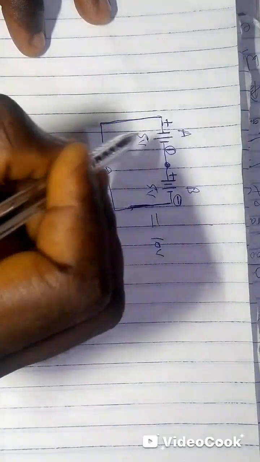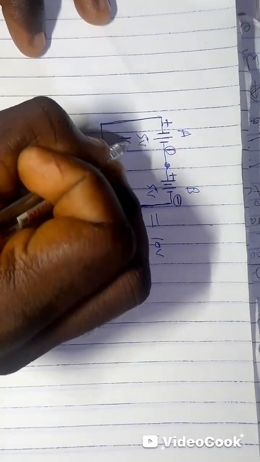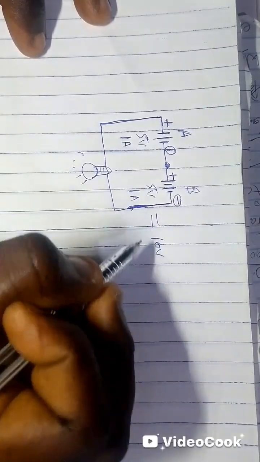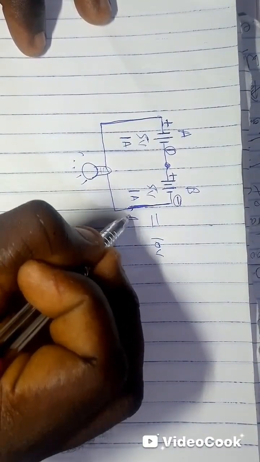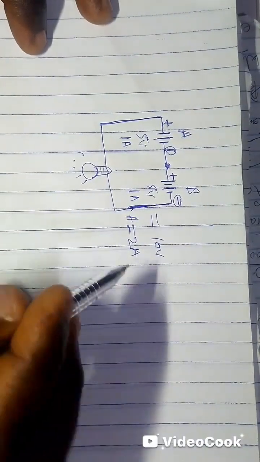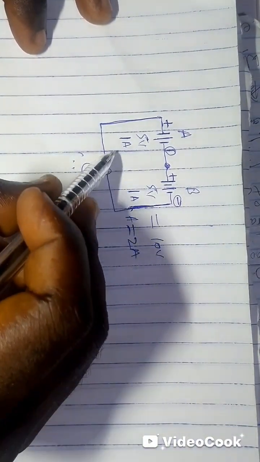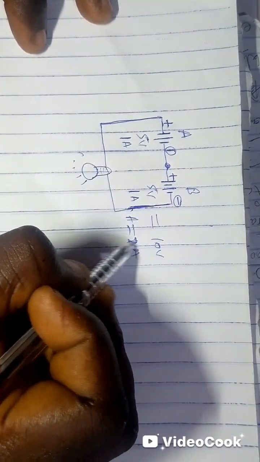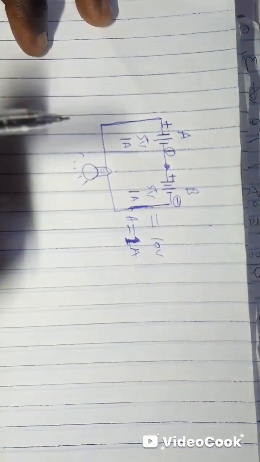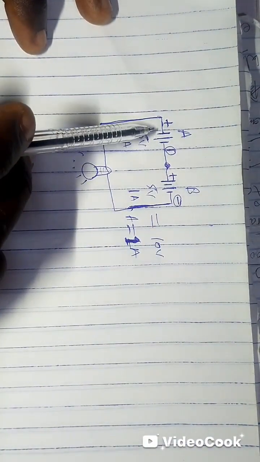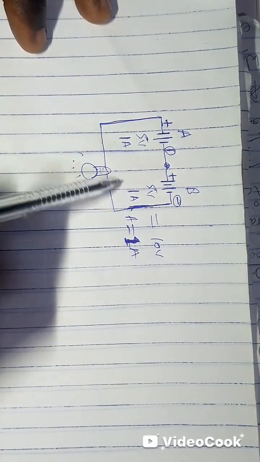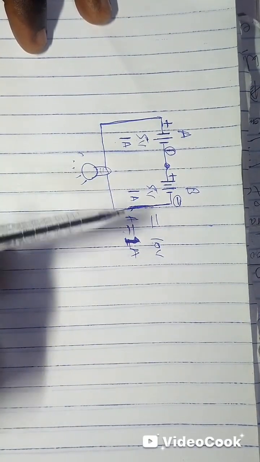Let's say battery A is 1 amp and battery B is 1 amp. The total current will still be 1 amp. So when you connect batteries in series, the voltage will increase and the current will remain the same.